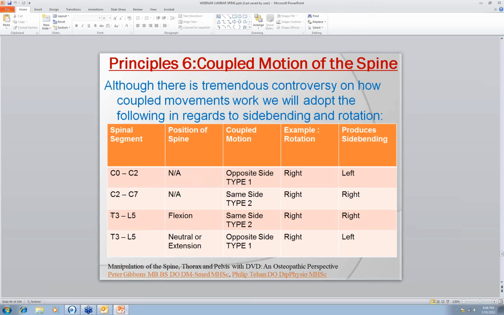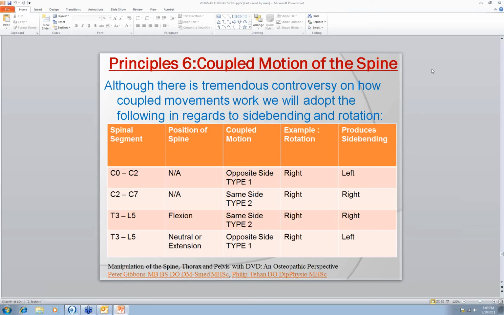There's a lot of research out there that contradicts. Some of the researchers say that the whole coupled motion is totally unpredictable, but Peter Gibbons' model, which I will be discussing with you tonight and which is what we adopt in our courses, is listed here.